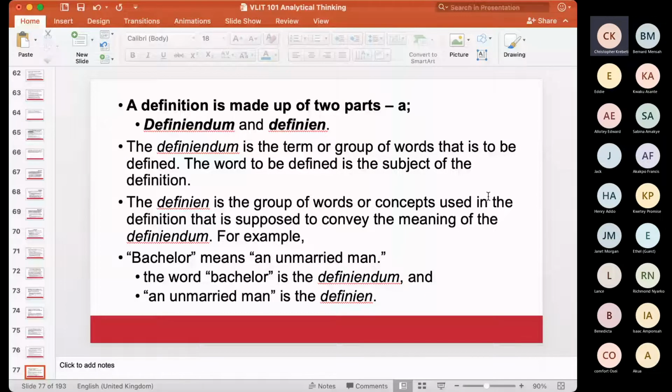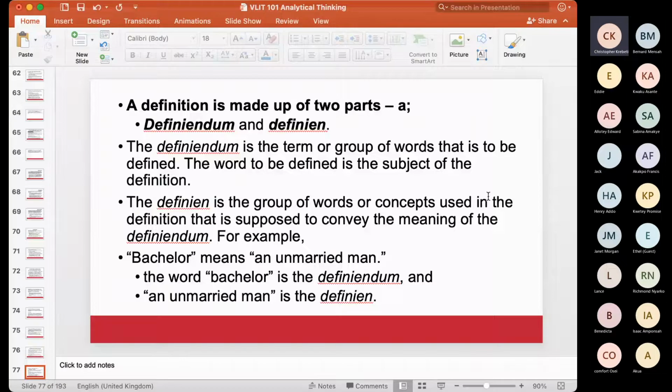And the group of words assigned to it as the definition, the part supposed to convey the meaning, which is unmarried man, is the definien. So we note the difference between the 2. Every definition has 2 parts, the definiendum and then the definien. The definiendum is the term or group of words to be defined. The definien is the definition that is supposed to convey the meaning that has been assigned to the definiendum.